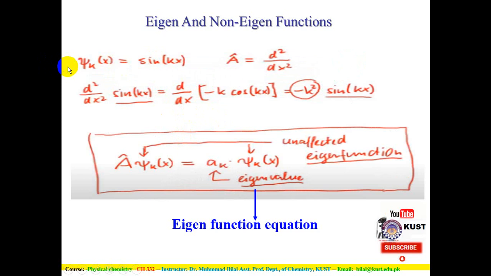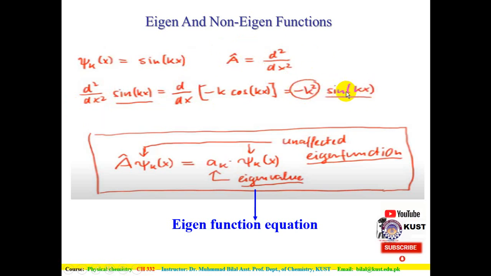Similarly, we know in quantum mechanics that psi is equal to sin kx for waves, where k is a constant and x is the displacement. Now if we apply the double derivative operator on this psi, it gives minus k square sin kx. This is a constant value and the same function is repeated.